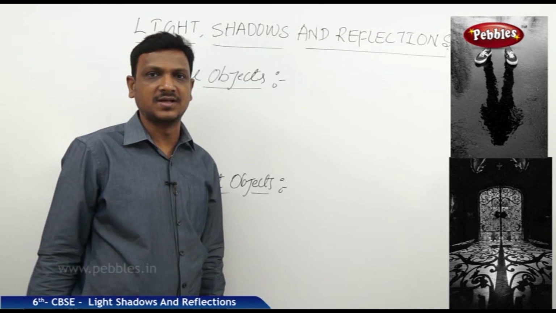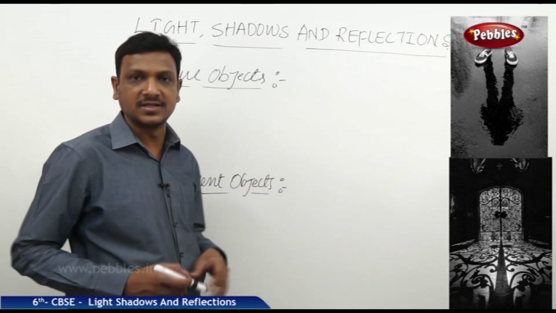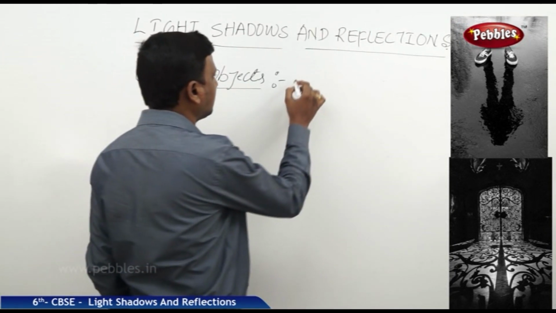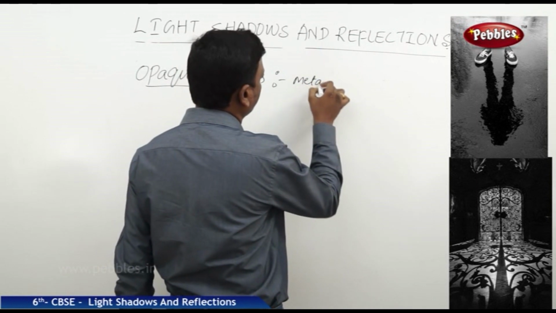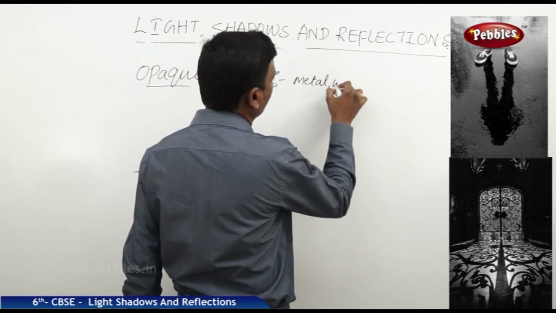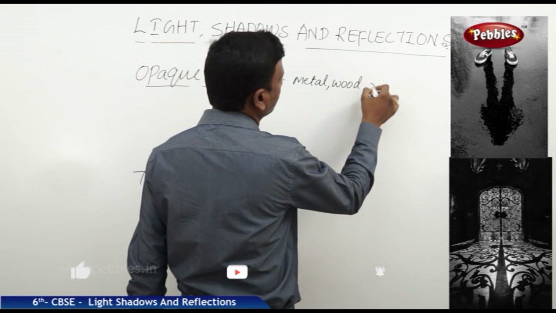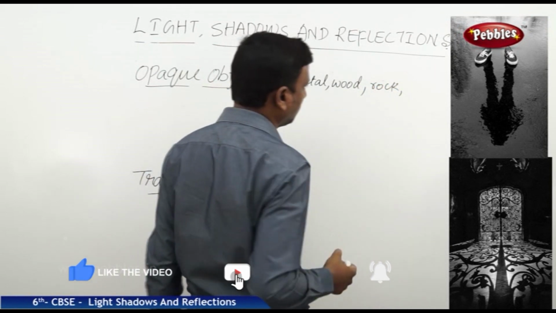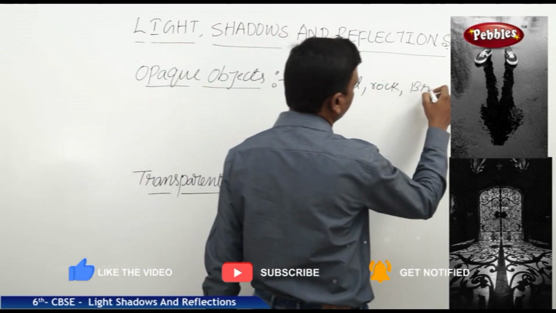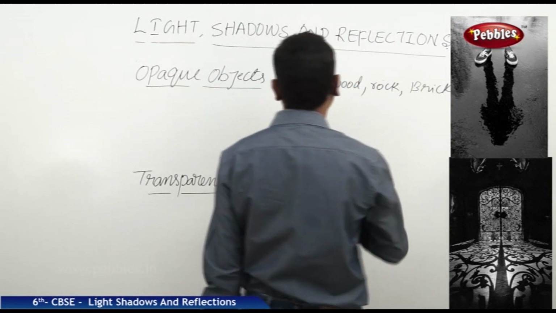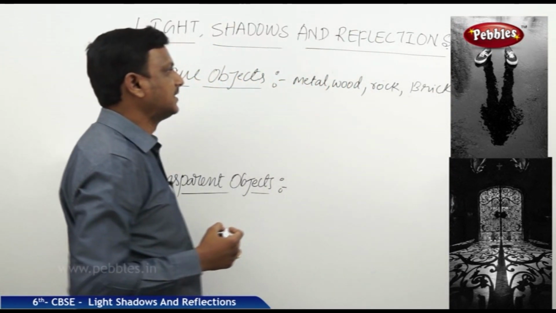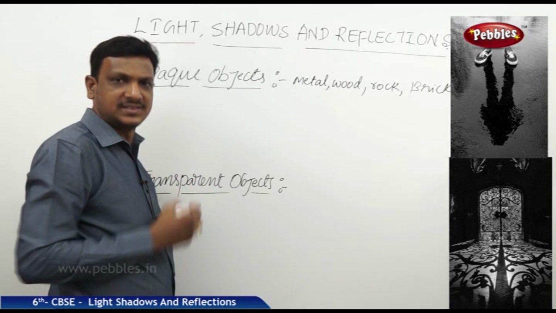Now let us see some examples of opaque objects and transparent objects. We can see that any metals, or wood, rock, brick, are opaque. Likewise we can make a total list.